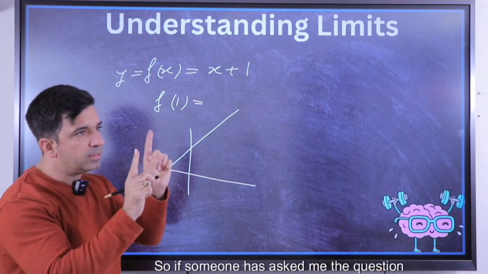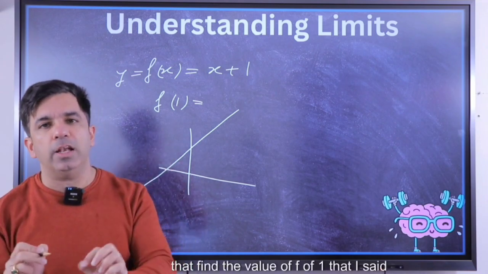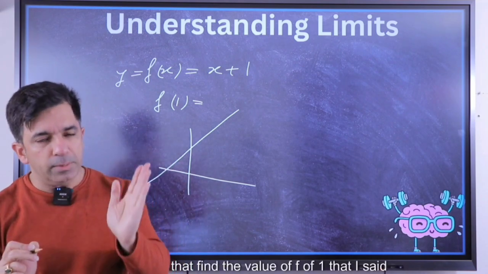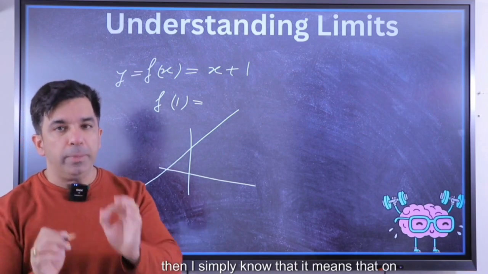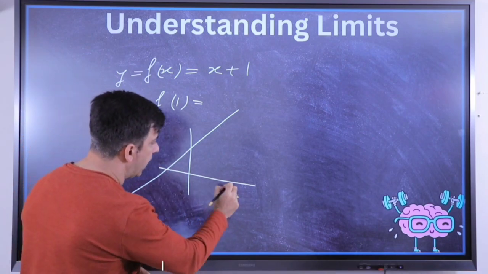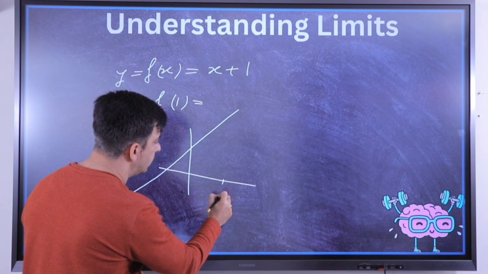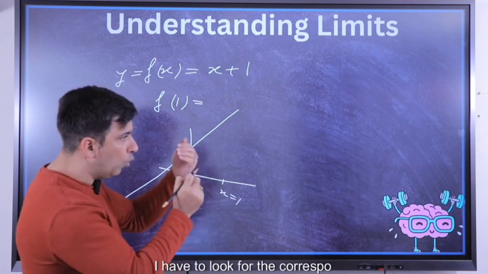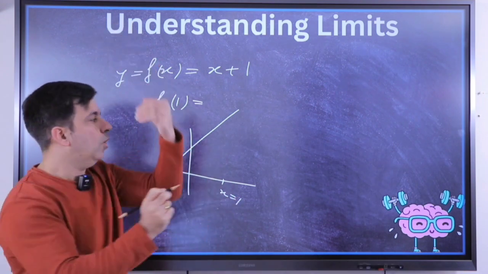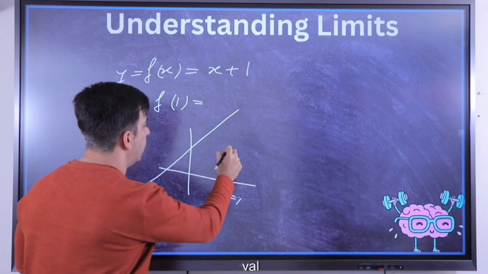So if someone asks me to find the value of f of 1, it means that on the x-axis I have to locate the point x is equal to 1, and look for the corresponding value on this function. That would be the value f of 1.